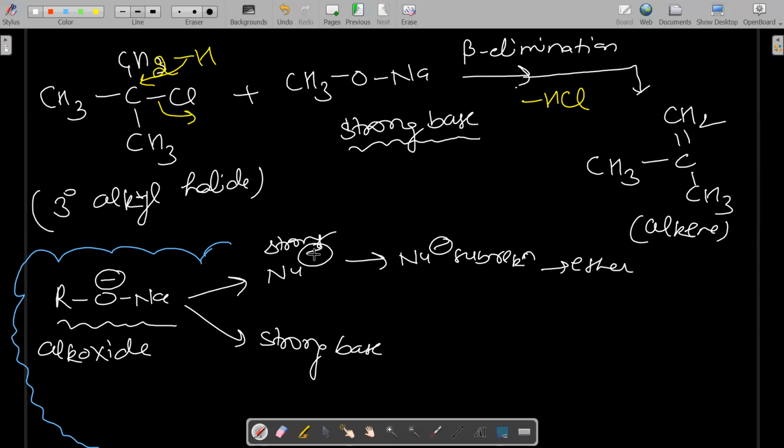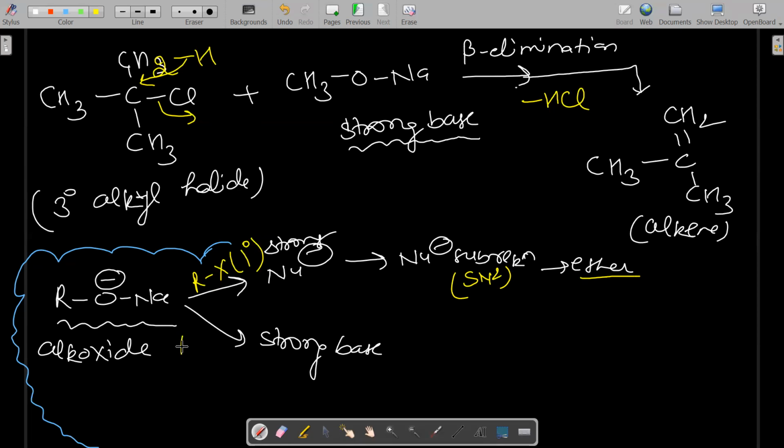This happens only when it reacts with 1 degree alkyl halide. So when alkoxide reacts with 1 degree alkyl halide, it acts as a strong nucleophile, undergoes nucleophilic substitution reaction, that is SN2 reaction, and forms ether as a major product.